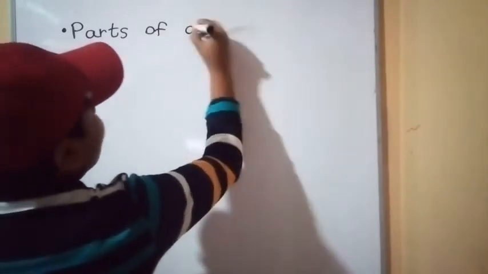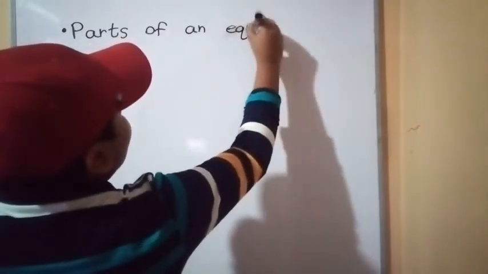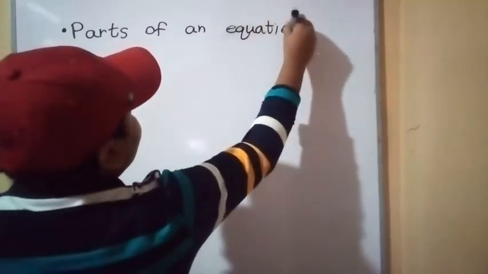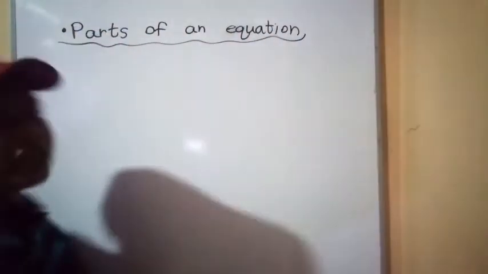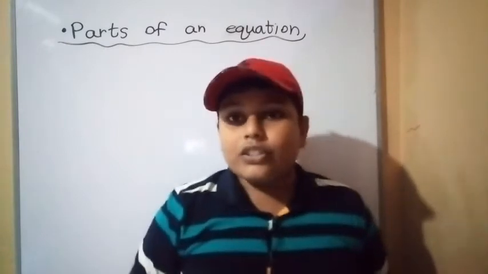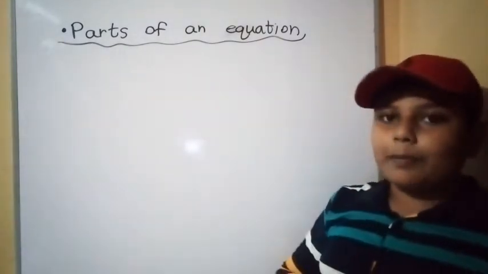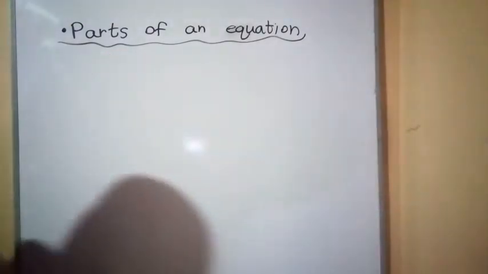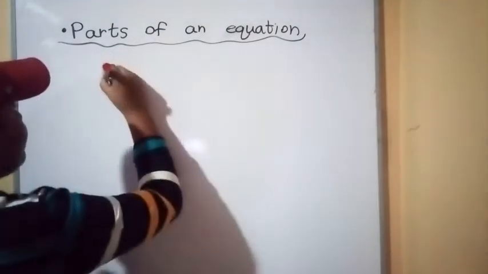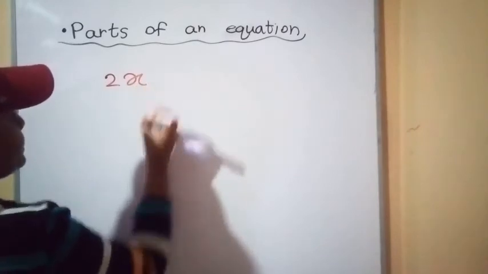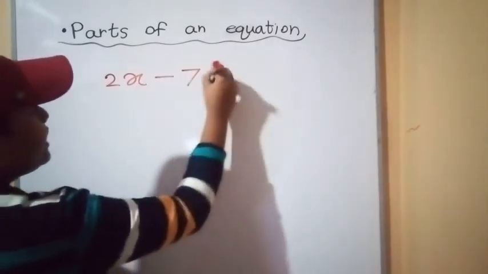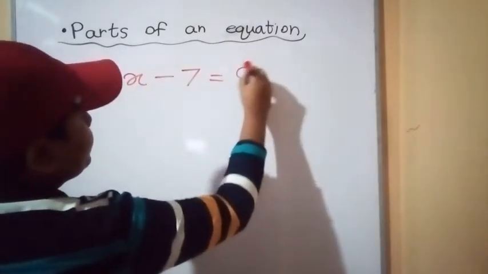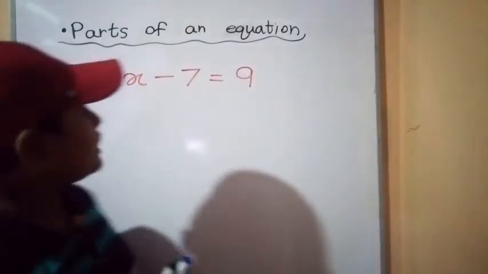If this video was for grade 8, you must write this on a piece of paper, right? Now parts of the equation. I get 2x subtract 7 means 9, right?